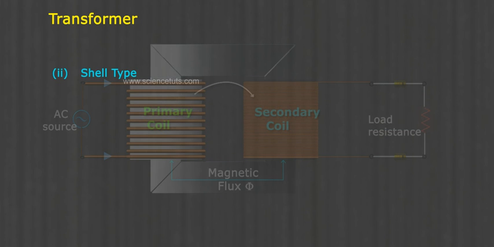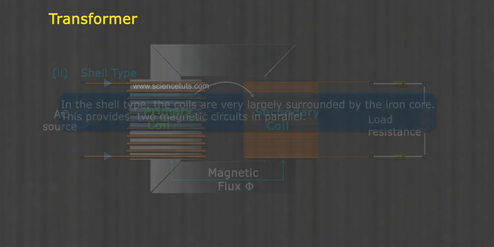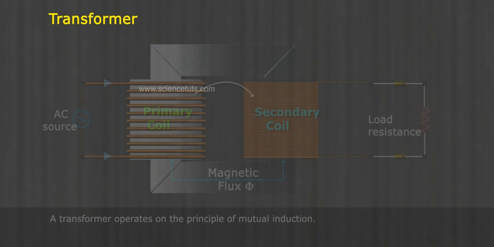Shell type. In the shell type, the coils are very largely surrounded by the iron core. This provides two magnetic circuits in parallel. The circuit symbol for a transformer with an iron core.